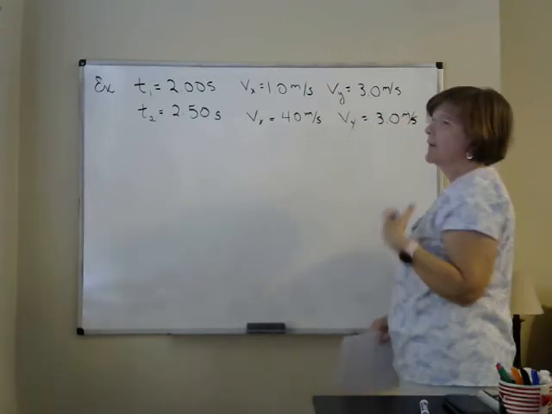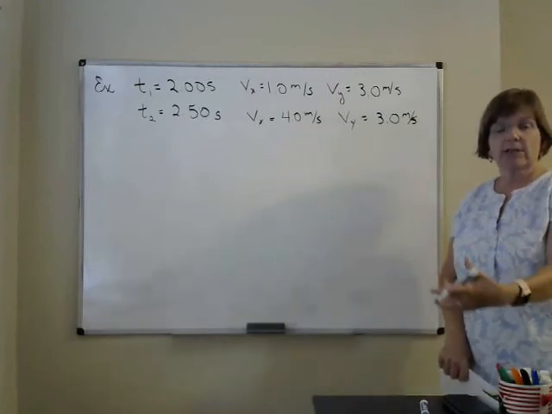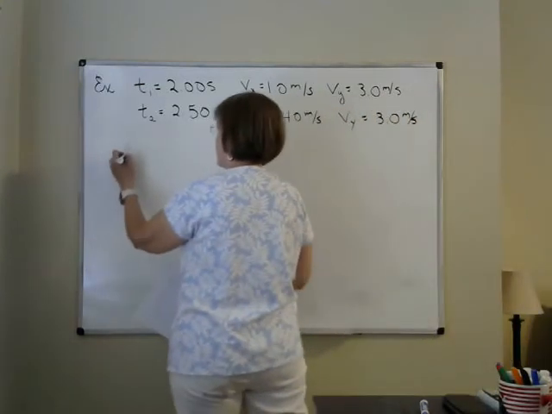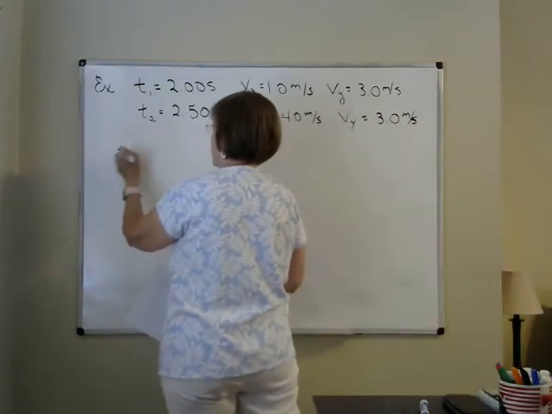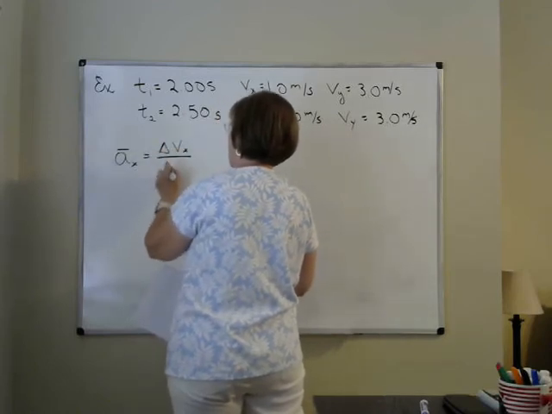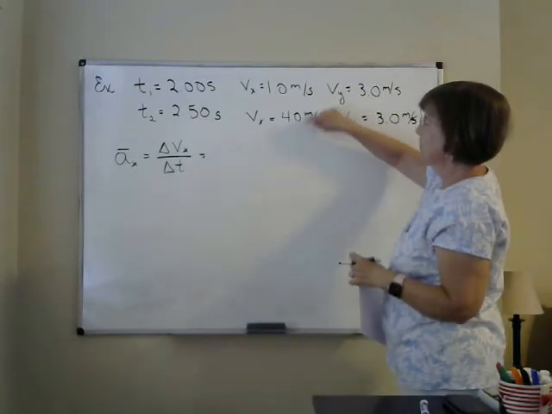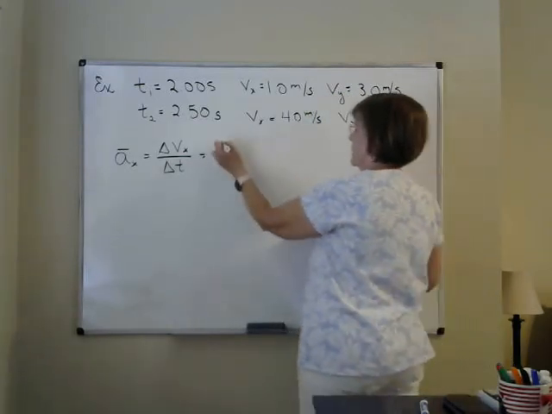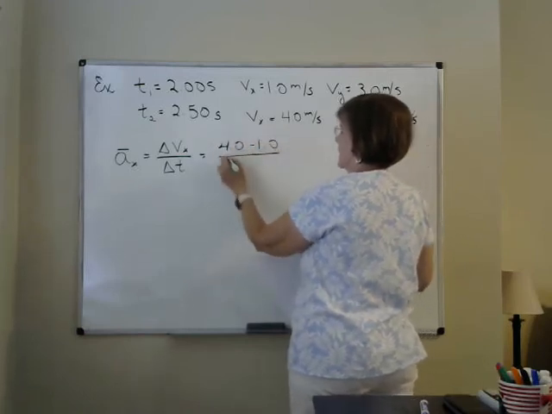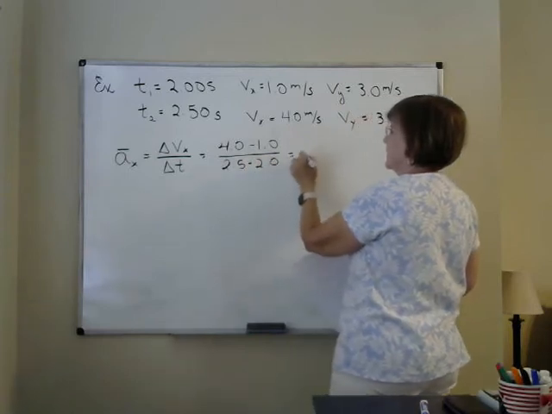Let's see if we can find the components of the average acceleration, and then find the average acceleration. So, average acceleration in the x direction, change in Vx over time. Well, final minus beginning, 4 minus 1, time interval 2.5 minus 2.